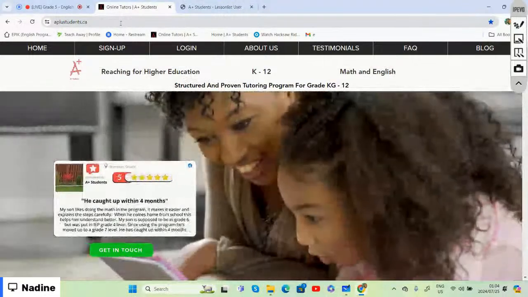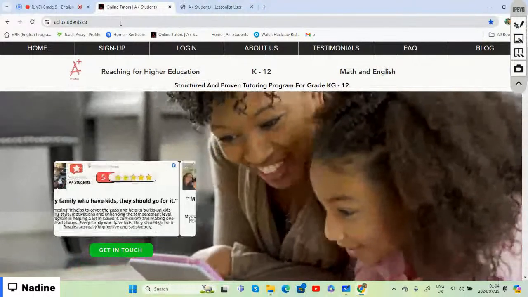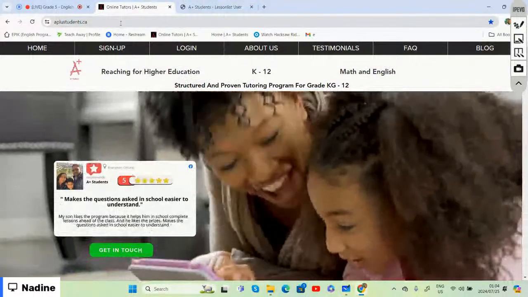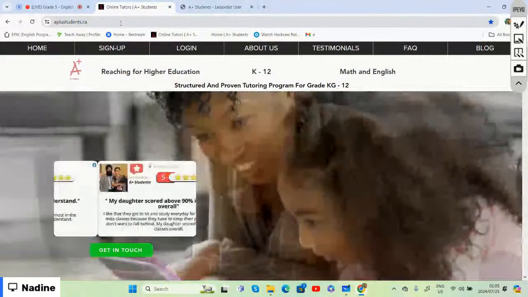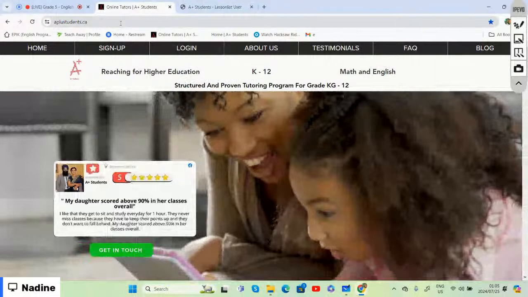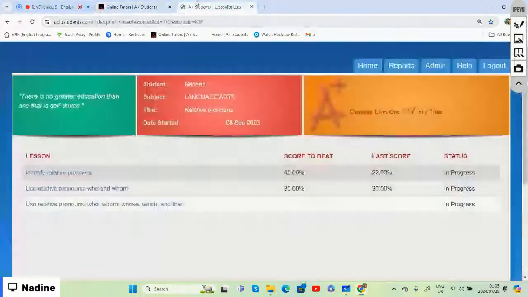Then we're going to scroll down until we get to our chapter of relative pronouns.